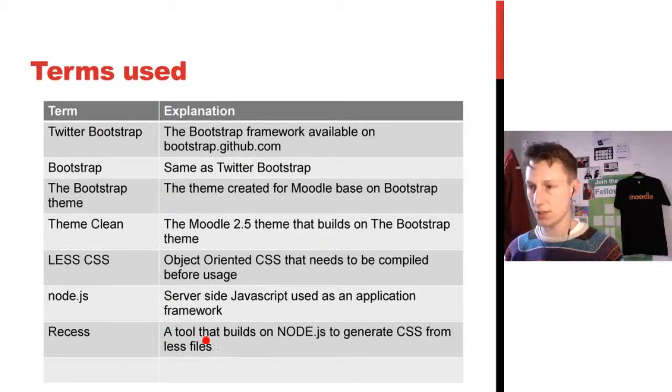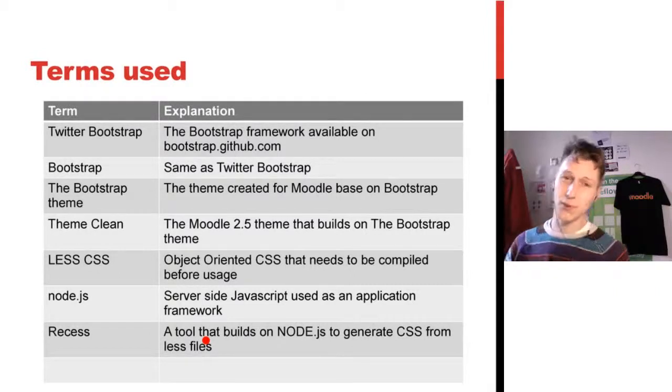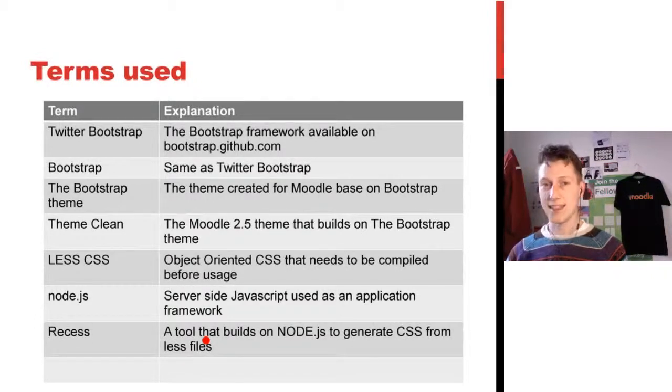So when I say Twitter Bootstrap or Bootstrap, I refer to the Twitter Bootstrap framework. Then we have the Twitter Bootstrap theme, which is the theme I created for Moodle that's based on Bootstrap. Now in Moodle 2.5, we have the Bootstrap theme, and we have something called Theme Clean. Theme Clean is the theme that you should select in 2.5 if you want to use Bootstrap.